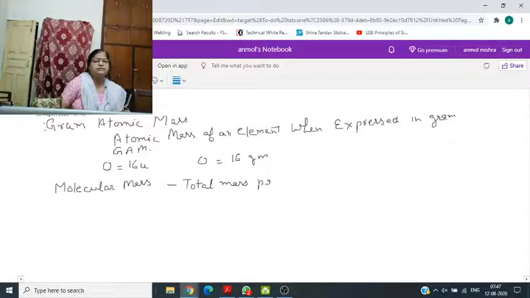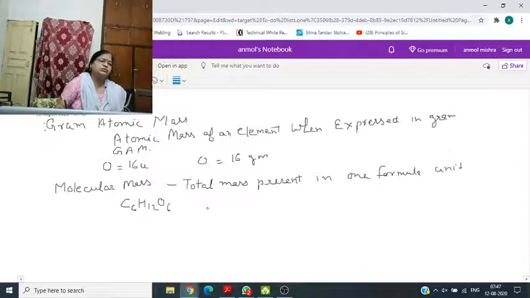Or you can say the total atomic mass of any molecule or compound is called molecular mass. We can take the example of sugar, or you can say glucose, it will be easier.